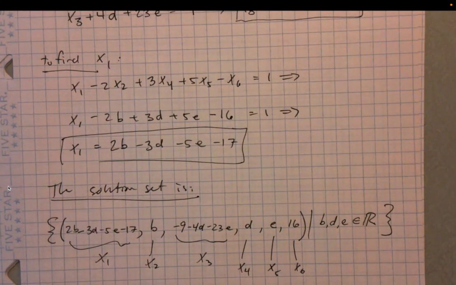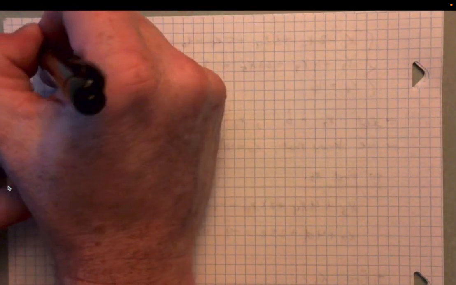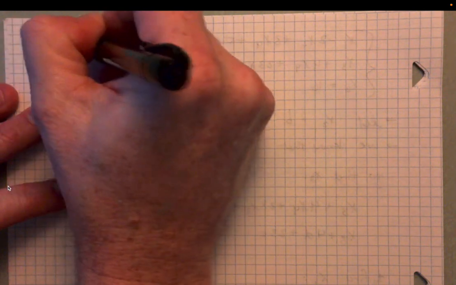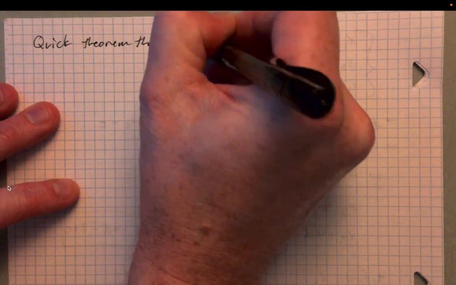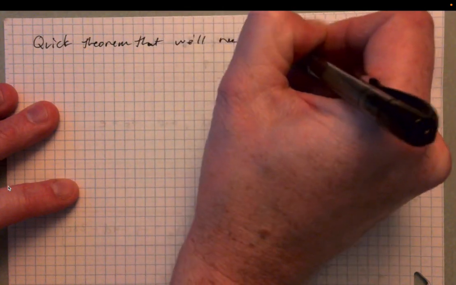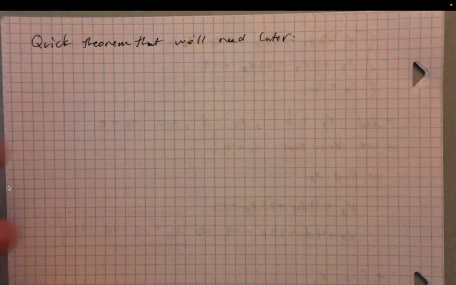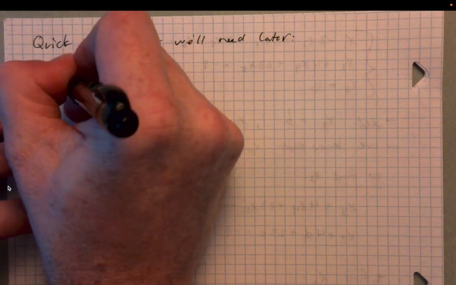Very, very good. Now there's just one really quick little theorem that I want to throw out because we'll need it later. If I don't do it here, there's no better time to do it. So, quick theorem that we'll need later.